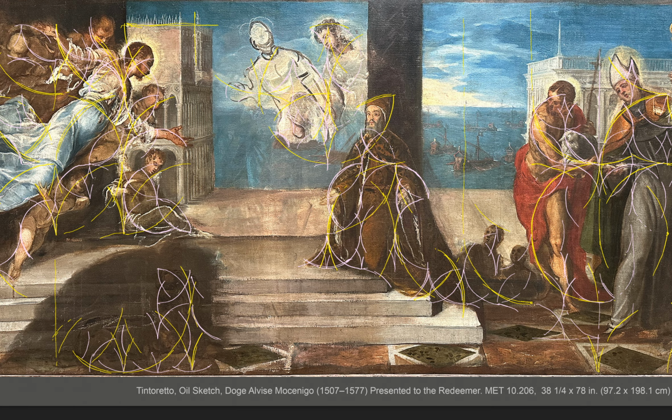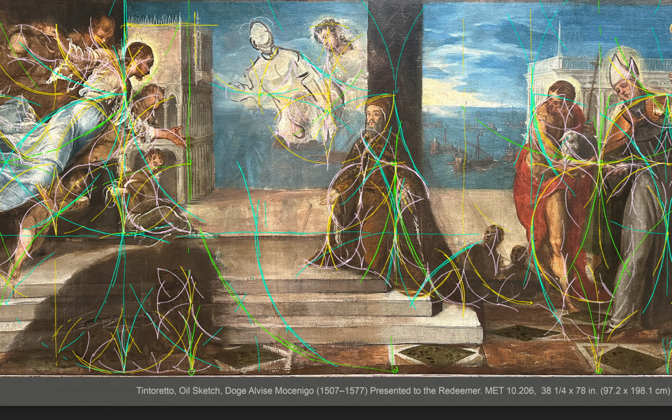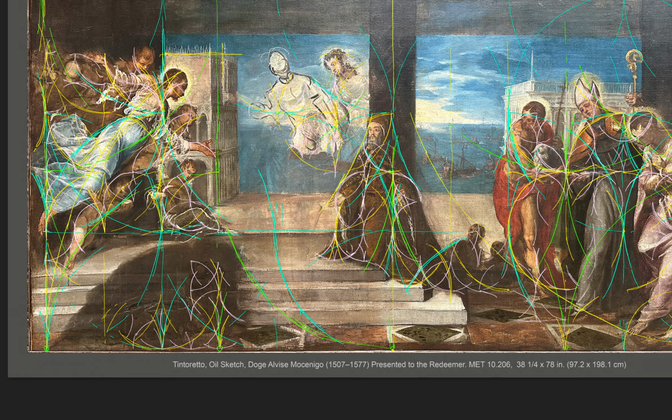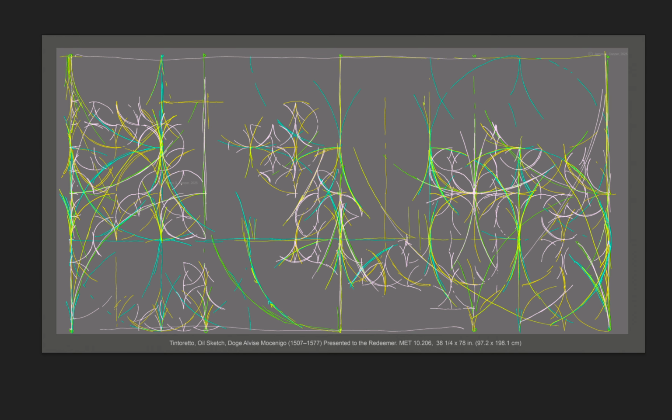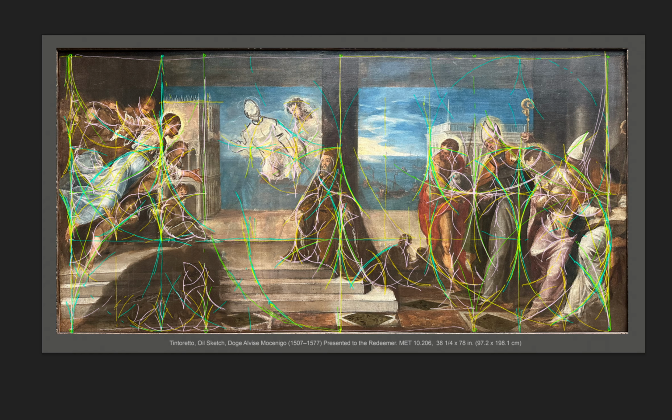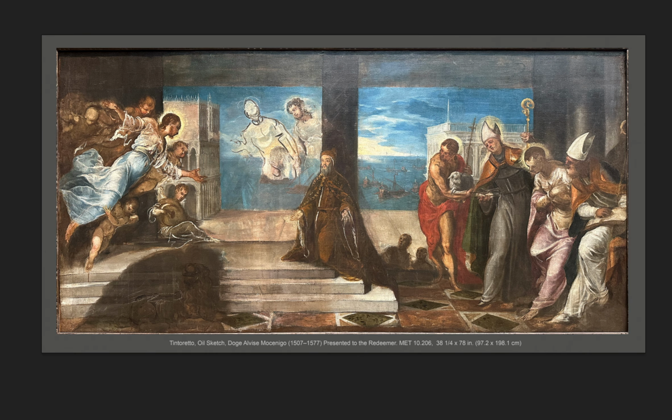And now I'll turn on all of these trace layers. And if I turn off the painting, you can almost see the composition just in the lines that I've traced. So now I'll turn off all the trace layers and turn on the circle diameters one by one again.